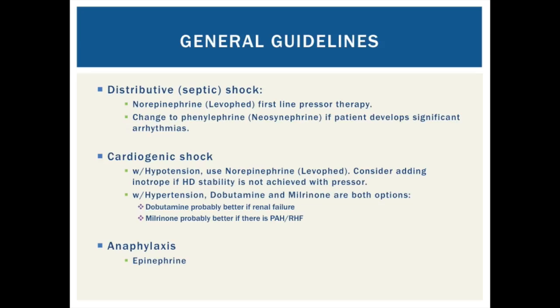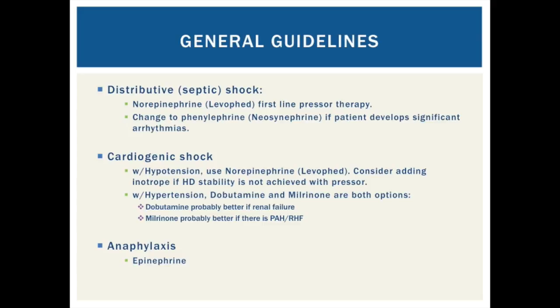Okay, so this is a quick general guideline summary of when you would want to use one pressor versus the other. So if you have someone who's in a distributive or maybe septic shock, norepinephrine or Levophed is definitely your first line pressor. You could consider changing to something else like phenylephrine if the patient develops a significant arrhythmia. And what we mean by significant arrhythmia is not just tachycardia.